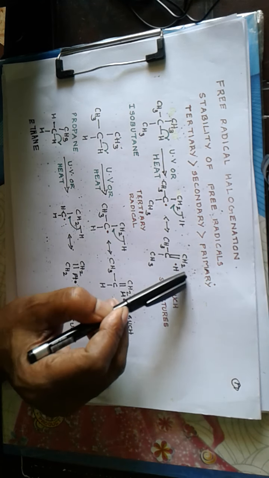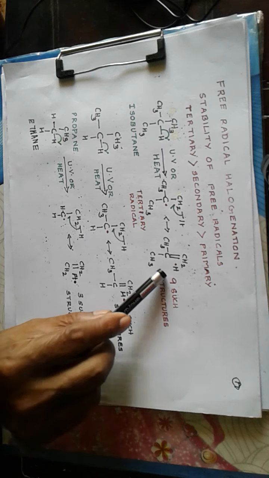So this unit as a whole will be one canonical structure, and since there are 9 CH bonds adjacent to this radical center, we have 9 such canonical structures, and this is similar to the tertiary butyl carbocation, which possesses 9 hyperconjugation canonical structures.